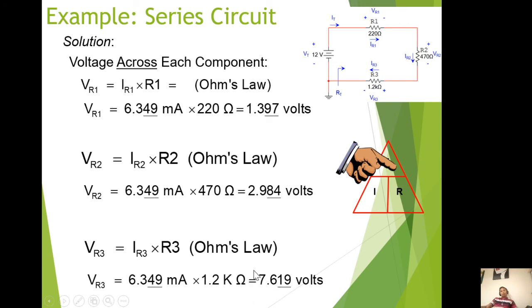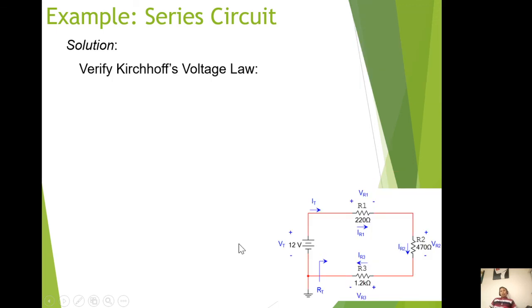Now let's verify if those computed values obey KVL, Kirchhoff's voltage law. Remember, our total voltage is 12 volts. According to the law, the sum of all voltage drops is equal to the total voltage source.